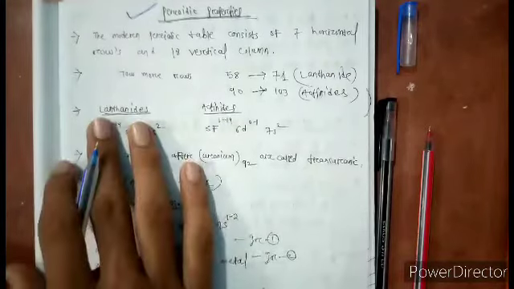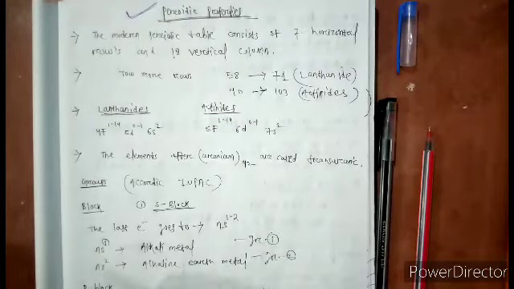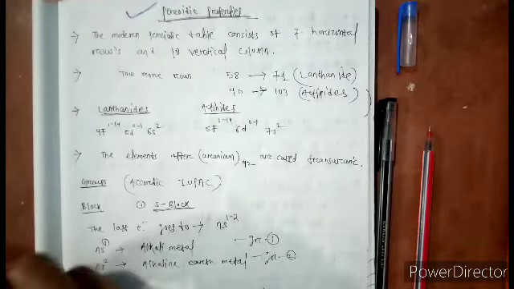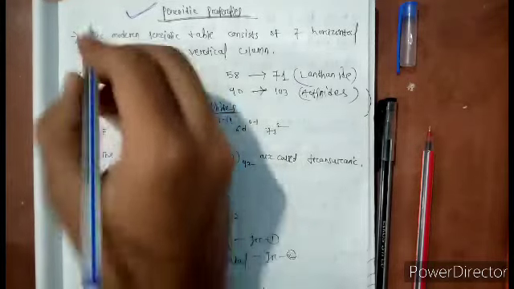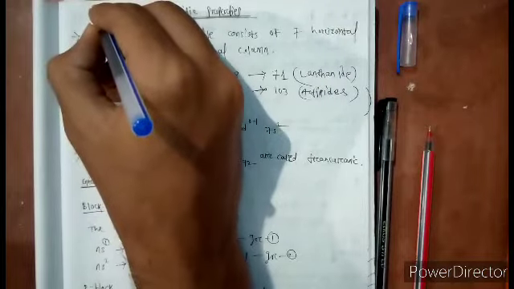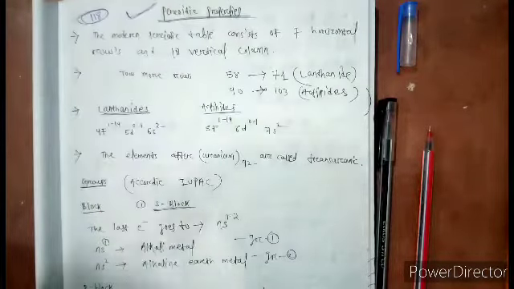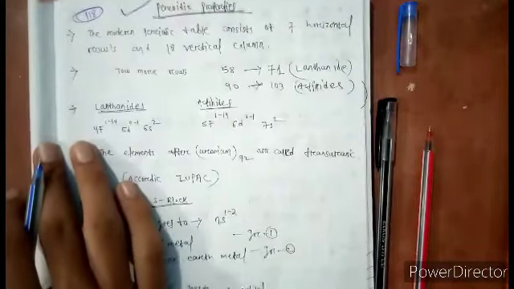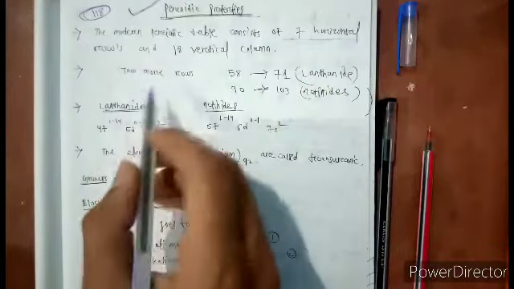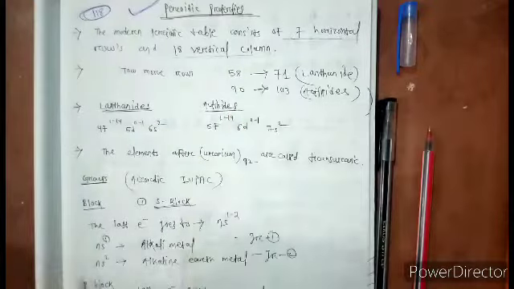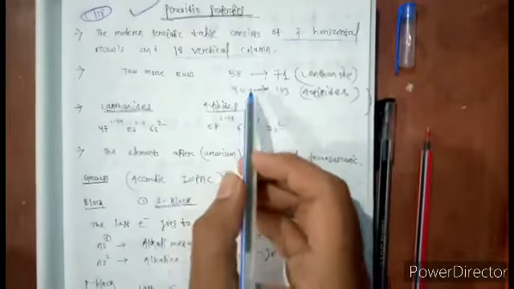Various scientists gave various laws on the basis of the elements, but the modern periodic table consists of 118 elements. The modern periodic table consists of 7 horizontal rows and 18 vertical columns.